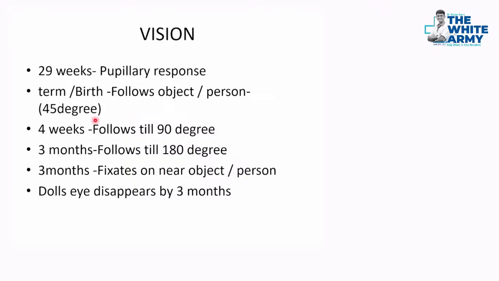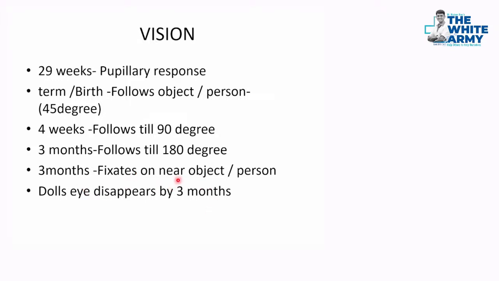So for now, just remember that at 1 month up to 90 degrees vision can be checked. And at 3 months, it follows till 180 degrees. At 3 months, it also fixates on a person and a nearby object.